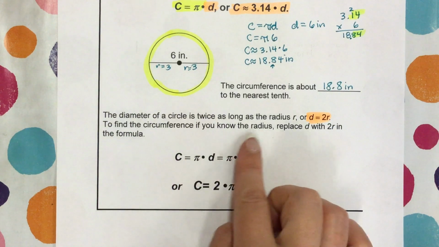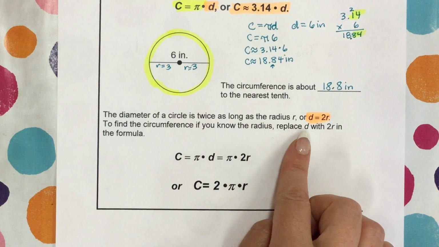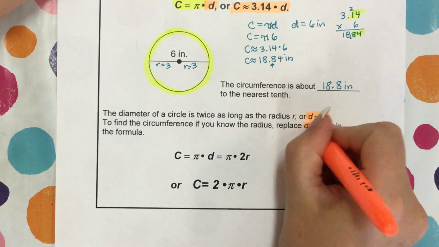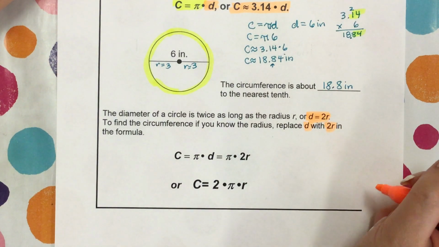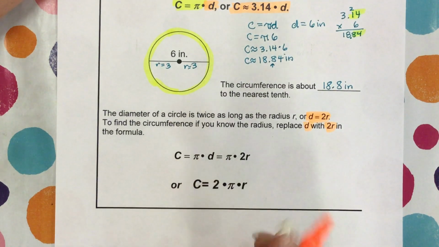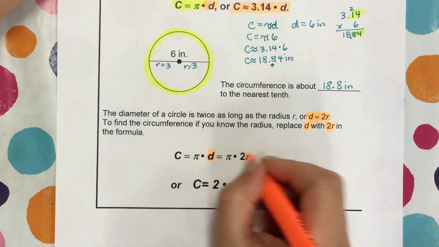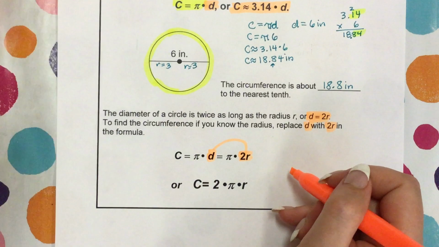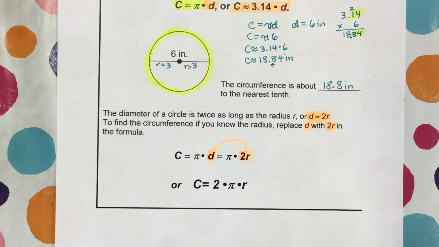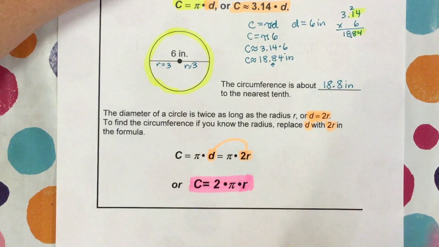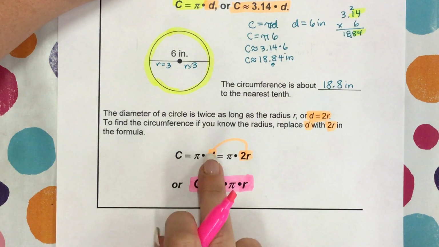So to find the circumference if you know the radius, you replace the diameter with 2r, because they are the same thing in the formula. In the formula circumference equals pi times the diameter, instead of writing the diameter, we can write 2r, which means we end up with the formula circumference equals 2 pi r, where that 2r is the same thing as the diameter.